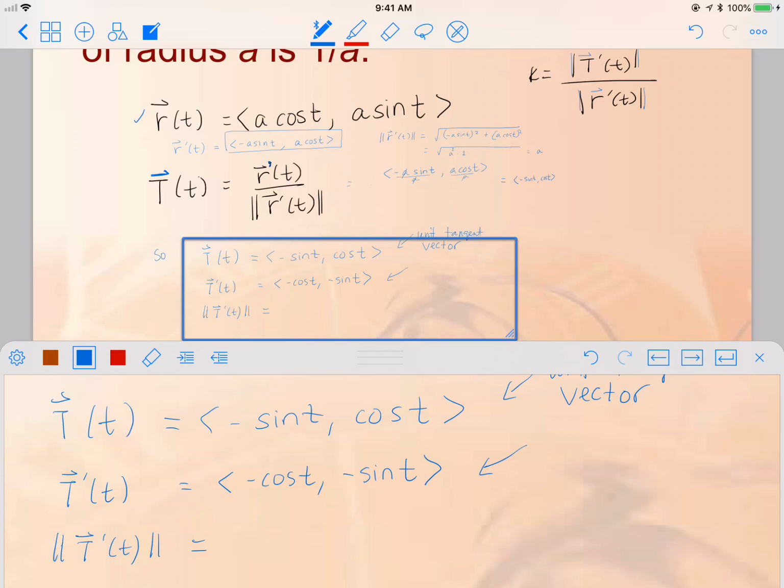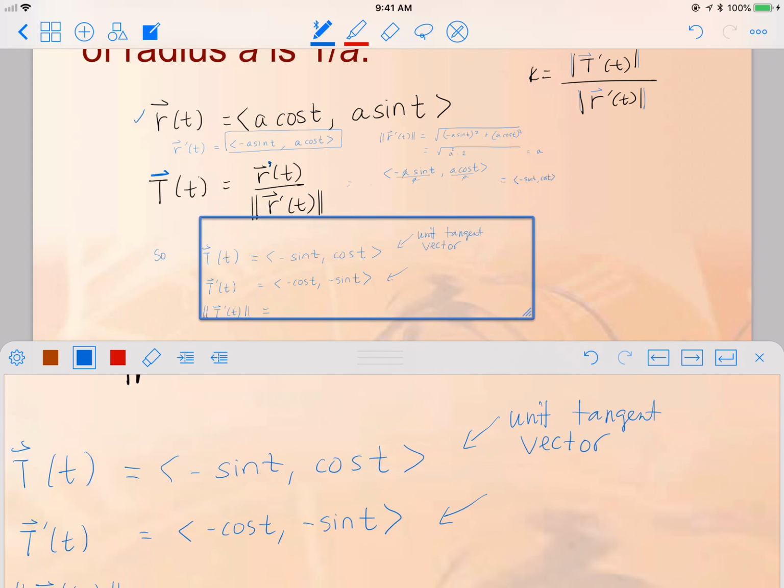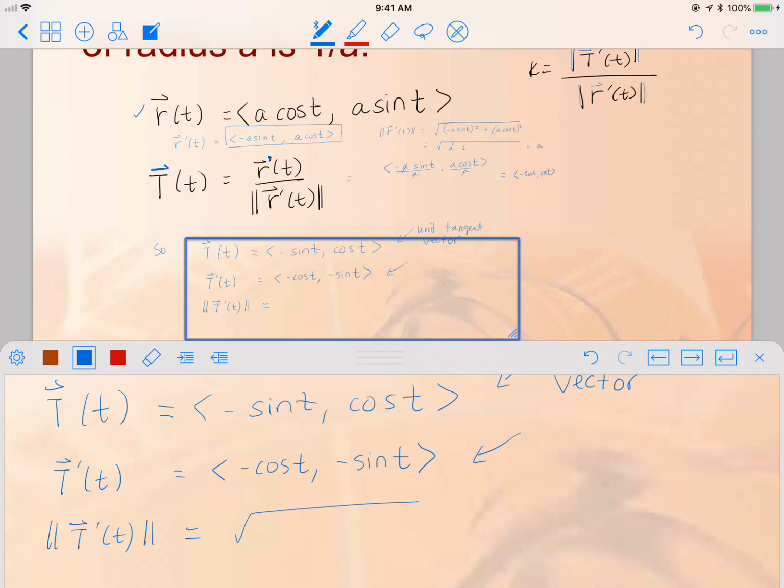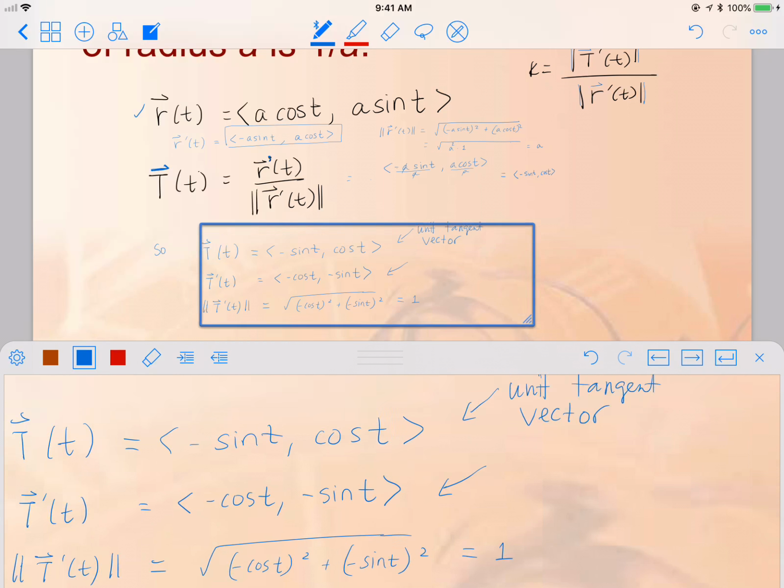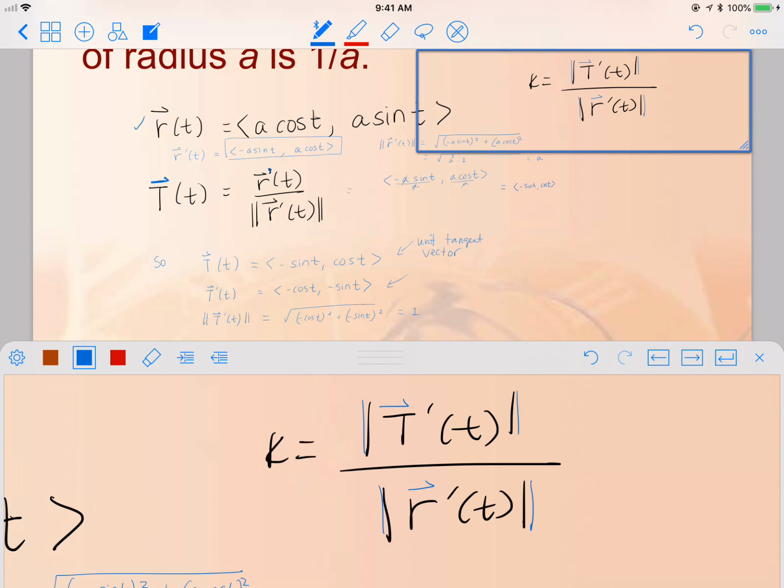So this t prime is a derivative of a derivative. Okay, so its magnitude is going to be the square root of negative cosine t squared plus negative sine t squared, and that is just going to be 1. All right, now what about the denominator? So the numerator is 1. What about r prime?